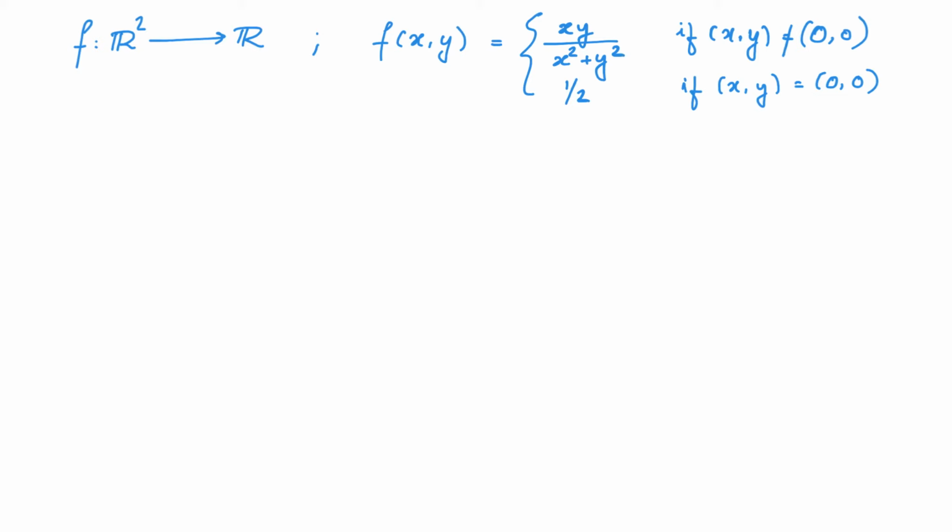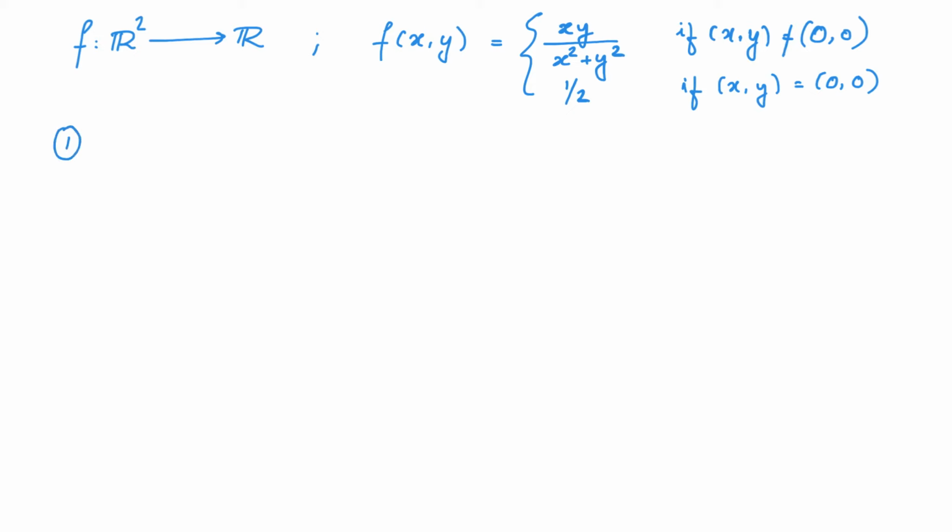Now, by techniques we have learned so far, it is easy to show that this function f is continuous at all points except 0, 0. We can now show that at 0, 0, this function is not continuous. We will show this using both the conditions that we had seen earlier.